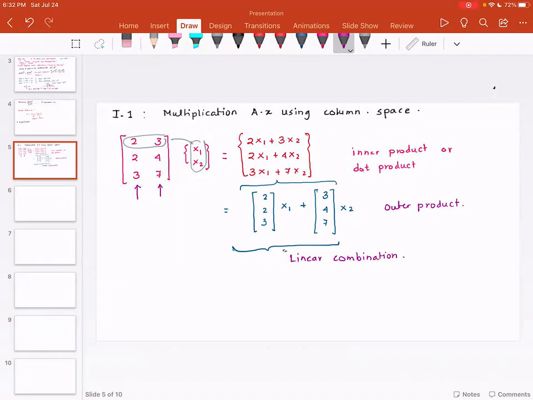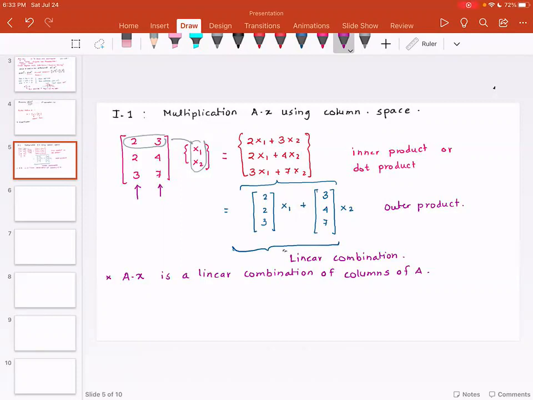So in other words, A times X is a linear combination of columns of A. And this space is nothing but called as the column space.